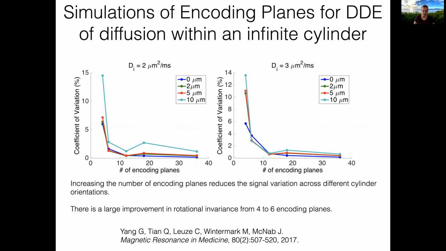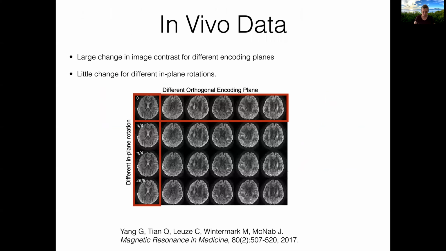We also wanted to look at the effect of different numbers of encoding planes, and increasing the number of encoding planes reduces the signal variation across different cylinder orientations. But there's a really large improvement in rotational invariance from 4 to 6 encoding planes and much less thereafter.